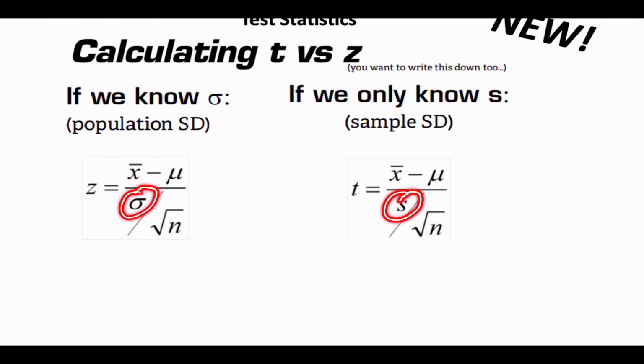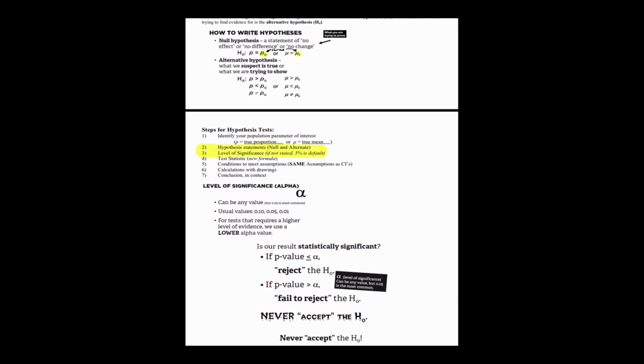This is the sample standard deviation. S is the sample standard deviation. So if we have the population standard deviation, great, use it. It's Z. If we don't, it's T. Okay? That's the only difference between the two. And they look very similar to the ones we did last chapter.